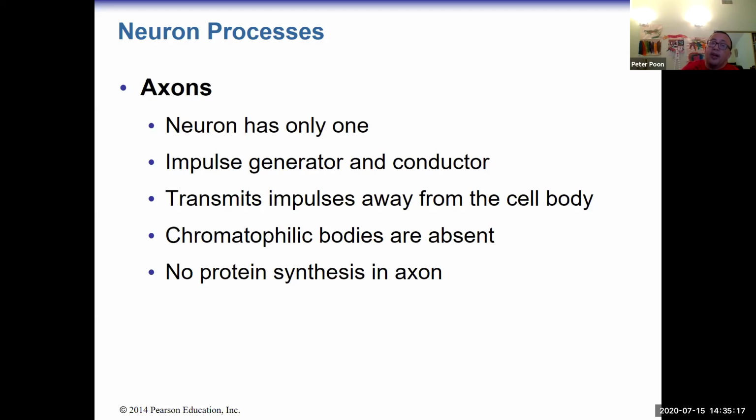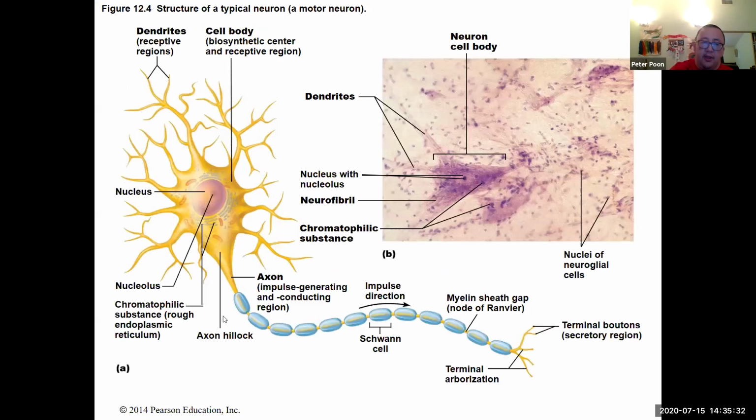Axons: every neuron has only one axon. That axon is the impulse generator and conductor. So here's the axon, and it starts at this region called the axon hillock.